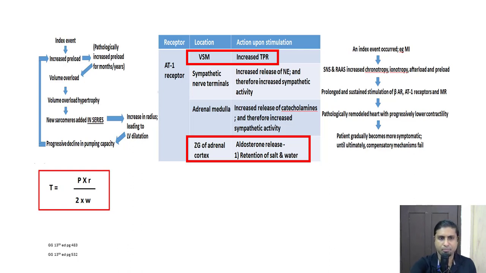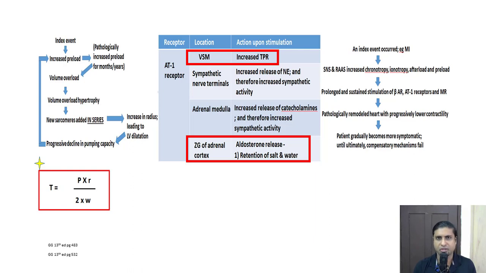And if we look at the law of Laplace over here, reduction in wall stress would mean a reduction in radius of the left ventricle, and we know that when the radius reduces, the tendency of the left ventricle to undergo dilation reduces. The cross section of the left ventricle slowly returns to its normal elliptical shape, and when this happens, the heart begins to move away from the law of Laplace and return to obey Frank-Starling's law.